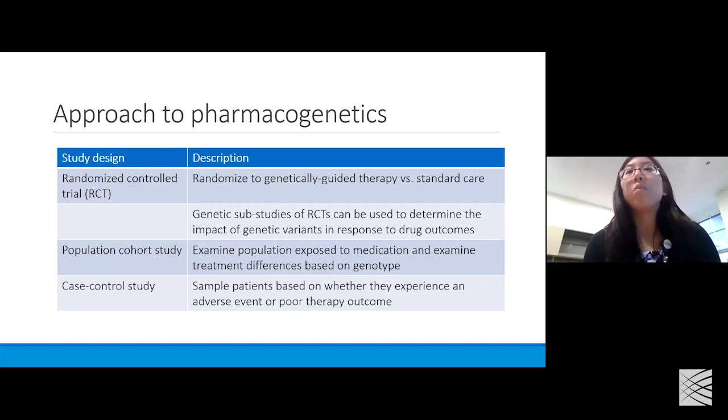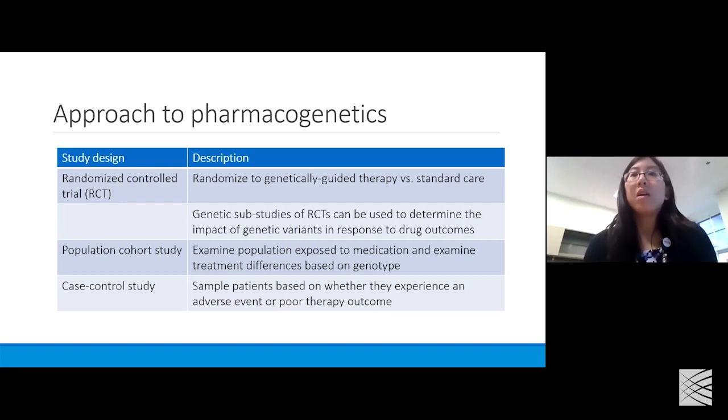When we have pre-existing clinical trials, we can leverage them by using the DNA that's collected in clinical trials, if that was done, to associate with the drug outcomes that were collected. This can be an optimal design to characterize pharmacogenetic determinants prior to evaluating whether there's an impact of gene-guided therapy versus standard care.